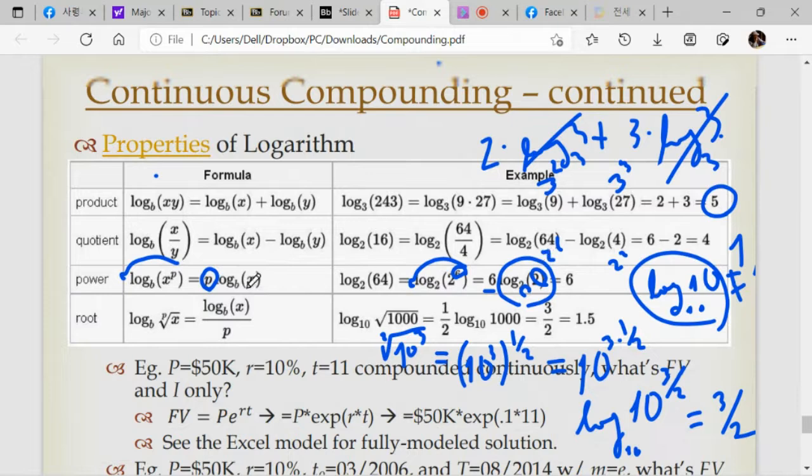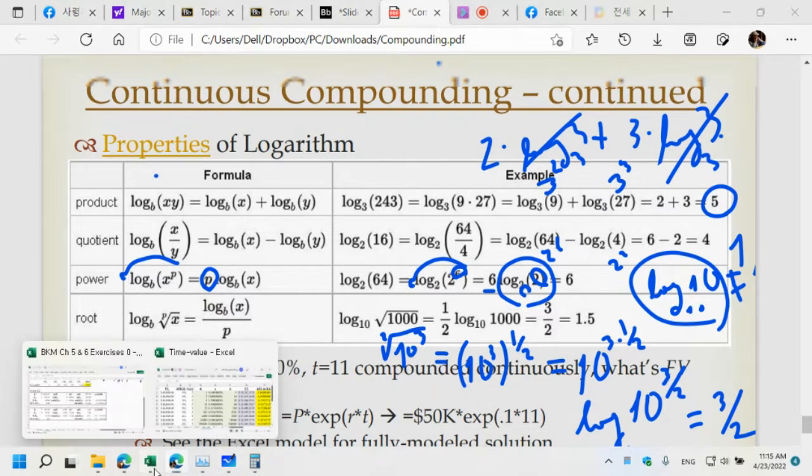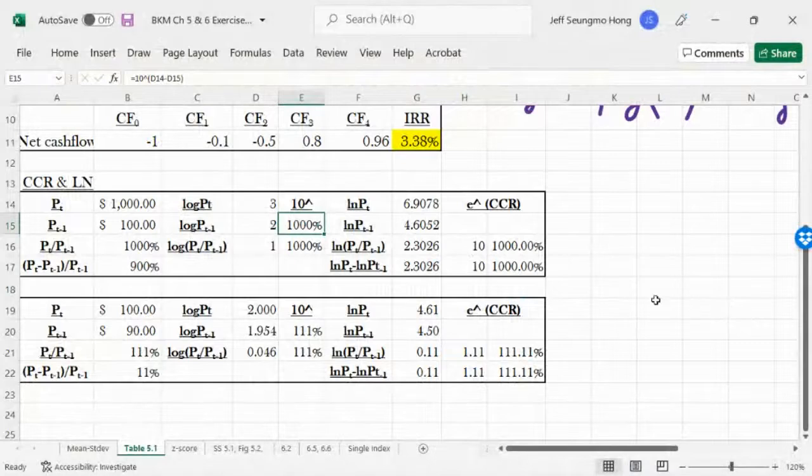So we can rearrange and use these rules of log to achieve our goal. We have to utilize it in our context. This time, let's take the natural log.